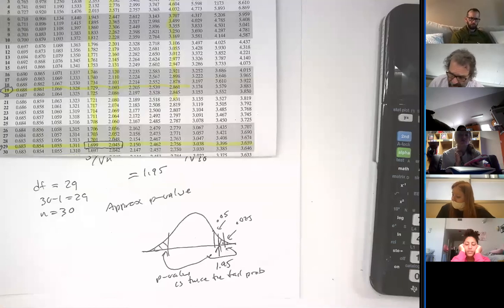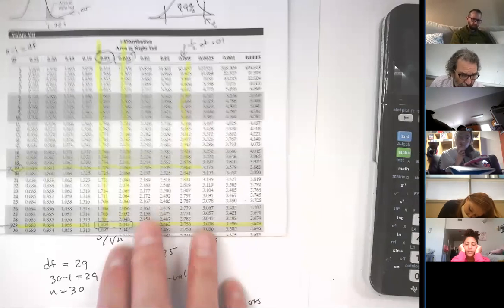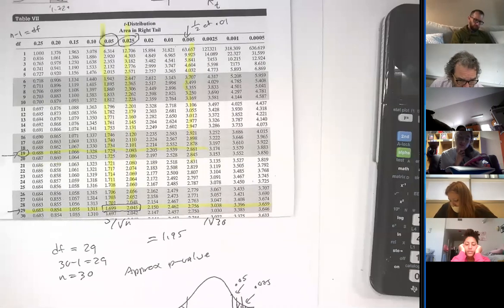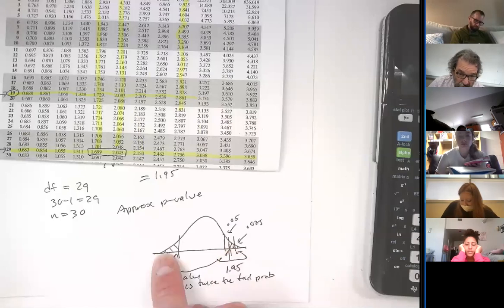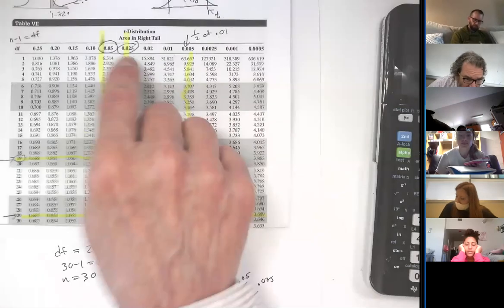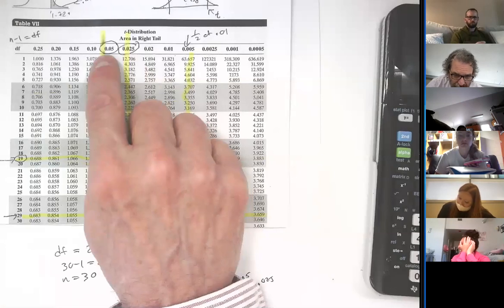We don't have it. All we have is these guesses up here that are on each side of it. So what are we going to put down for an approximate p-value? I have no idea. So if we had it, we would just double it, right? So we said here that the tail probability exceeds that. So we can double that to get 0.05. And it's less than that, so we'll double that to get 0.1.